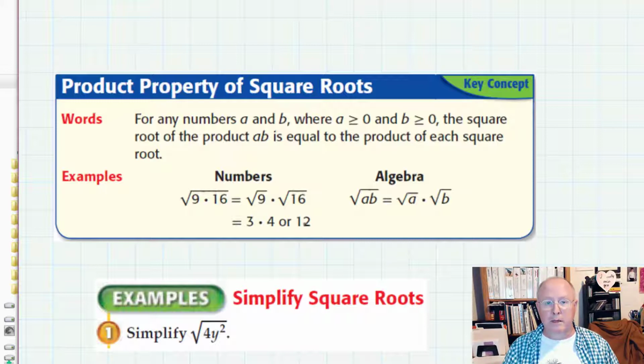And you'll find out that 9 times 16 is 144. So the square root of 144 is 12. In variable terms, algebra terms, if you have the square root of a times b, then what that really means is that it's the square root of a times the square root of b.